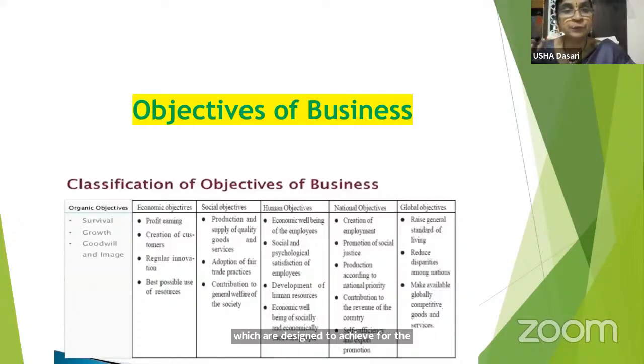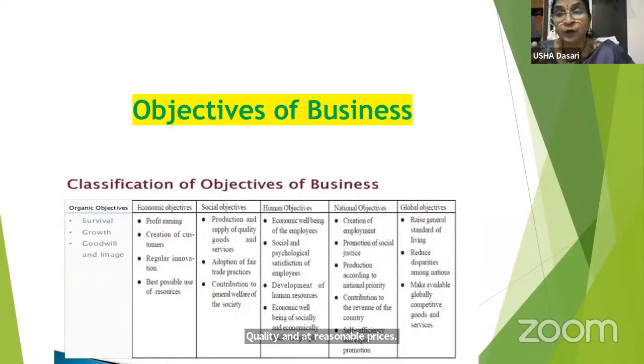The first one is production and supply of quality goods and services. That means quality products should be supplied at fair prices. Every business should ensure a regular supply of useful products with fair quality and at reasonable prices.